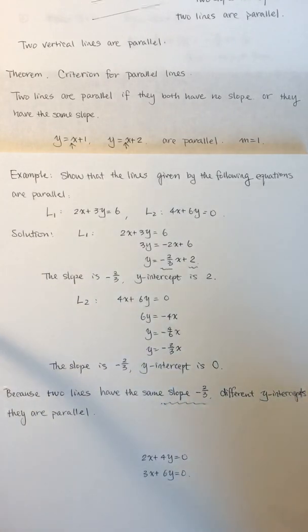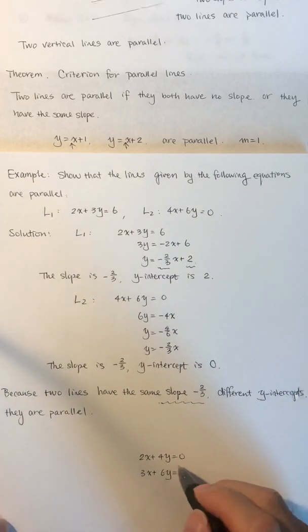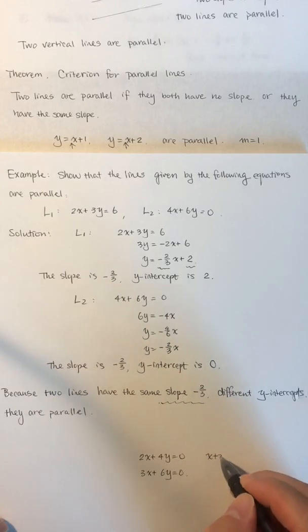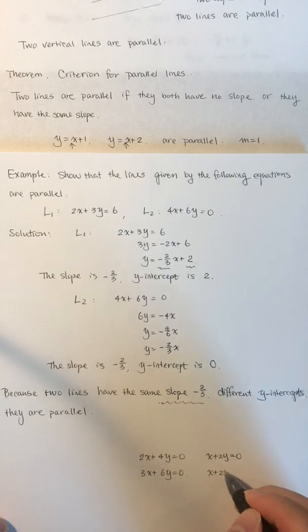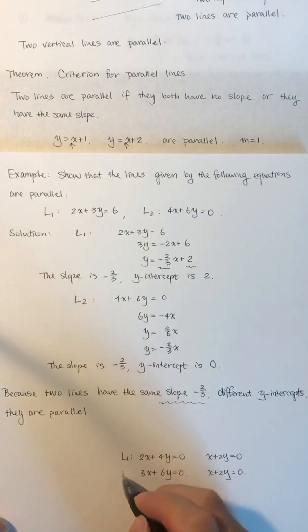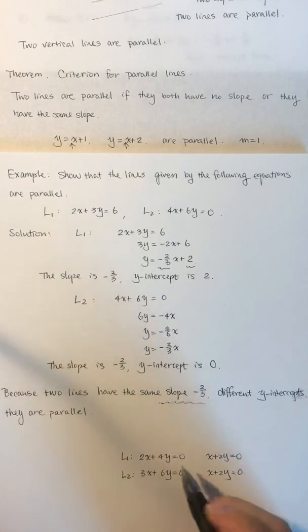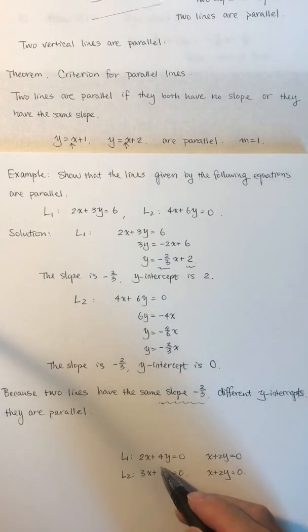These two equations are different, right? Yes, we do have two different equations. But if we divide this equation by 2, we get x plus 2y equal to 0. We divide this equation by 3, we still have x plus 2y equal to 0. Actually, you can see that this L1, line 1, is exactly line 2.